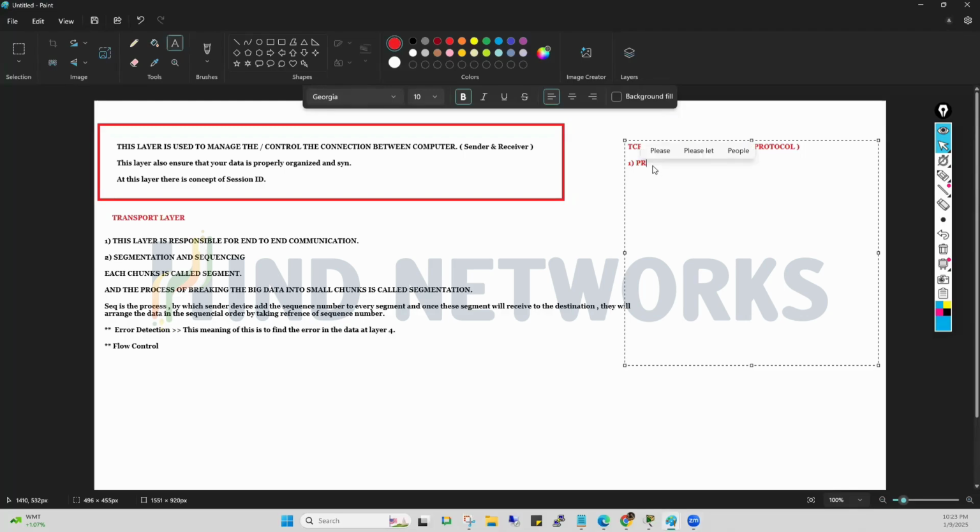Please remember. Protocol number 6. First thing that you need to remember. Second thing that you need to remember about TCP, TCP is called connection oriented.